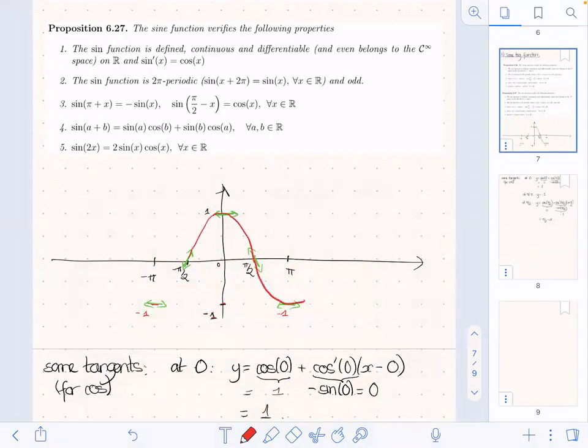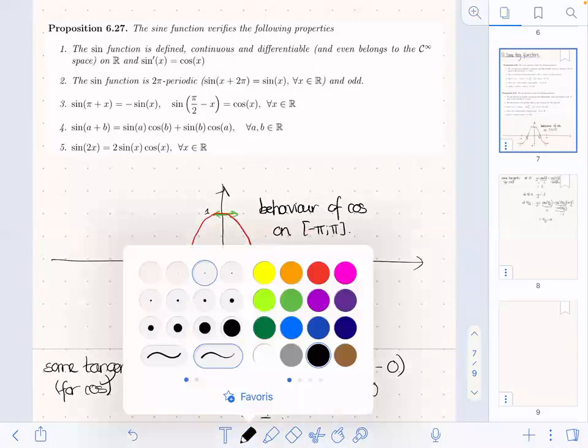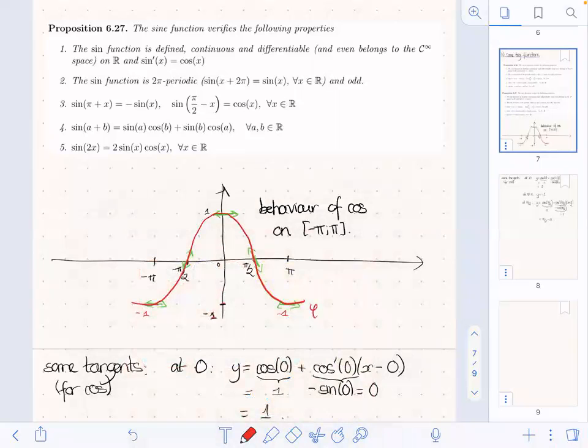It'll probably be rounder if you get a good scale. But that's roughly the behavior of cosine on minus pi to pi, a rough graph of the curve of cosine.